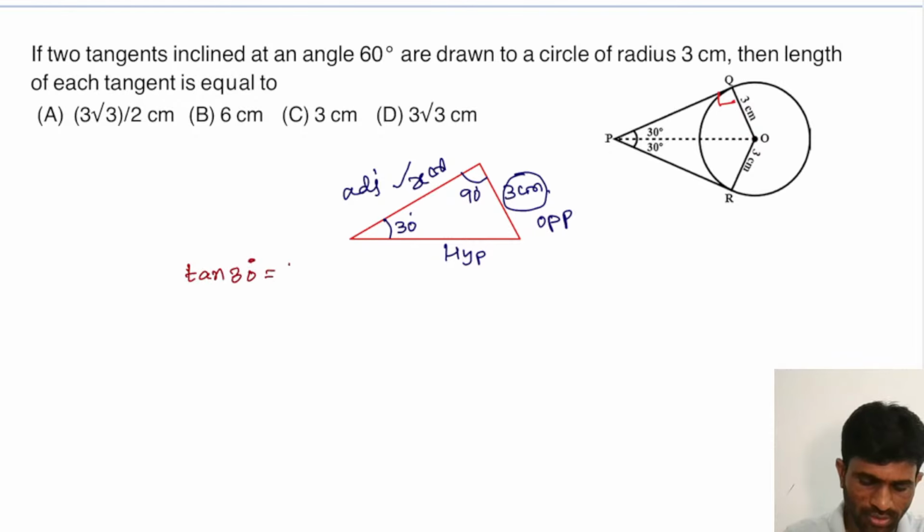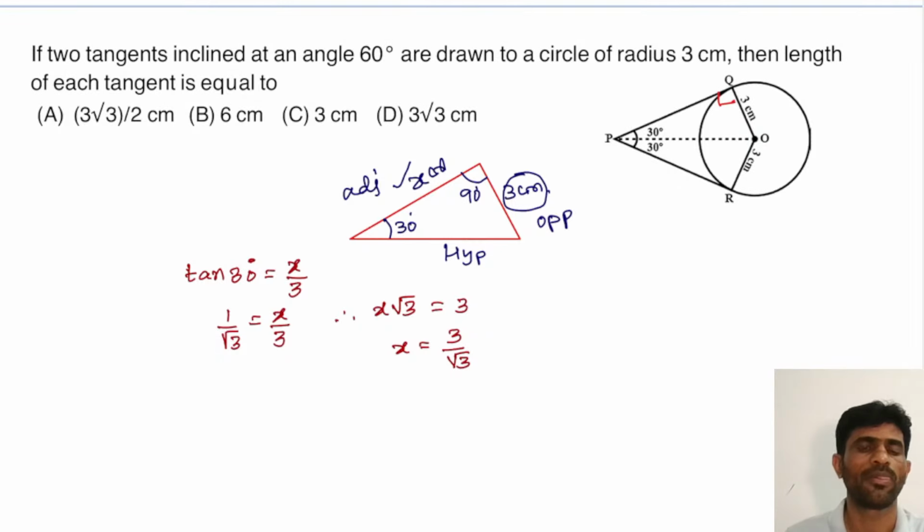Tan 30 degrees is equal to x by 3. So 1 by root 3 is equal to x by 3. Therefore, x root 3 is equal to 3. x is equal to 3 by root 3. 3 by root 3, but the option is not there.